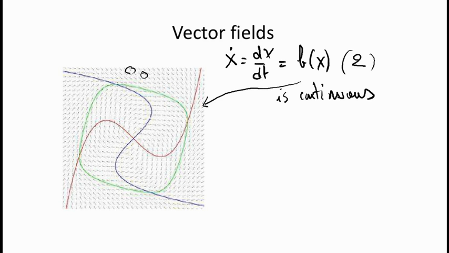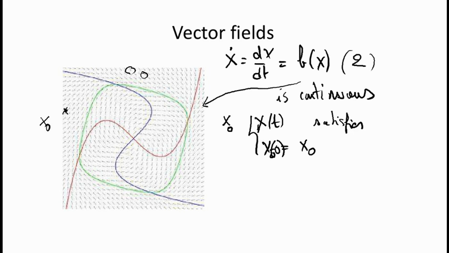What does that mean? It means, let's give a starting point x0. So we start, let's say, somewhere here. This is x0. Can we find a continuous trajectory x of t such that x of 0 equals x0, and such that it satisfies equation 2?